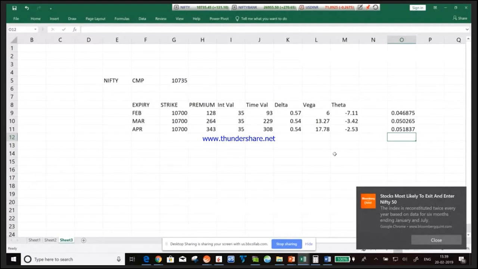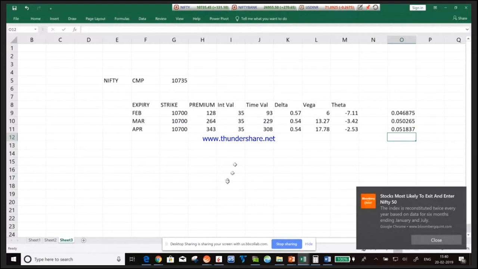Are all these not going up by nearly 5%? So how does the premium value matter to you? Because if it moves in your favor, it will give you that same amount of money. The proportion remains the same.